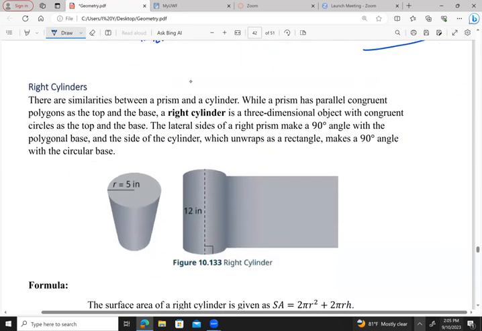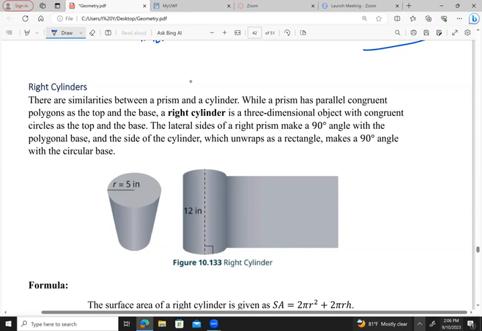Next, we have right cylinders. There are similarities between a prism and a cylinder. While a prism has parallel congruent polygons as the top and the base, a right cylinder is a three-dimensional object with congruent circles as the top and the base.